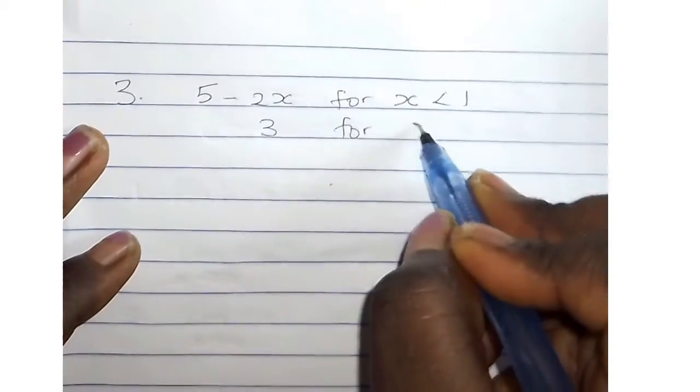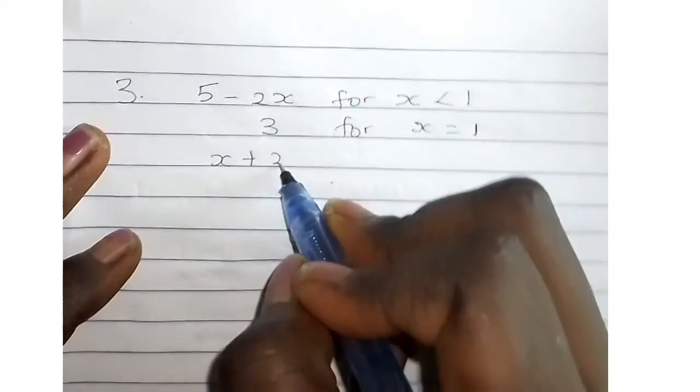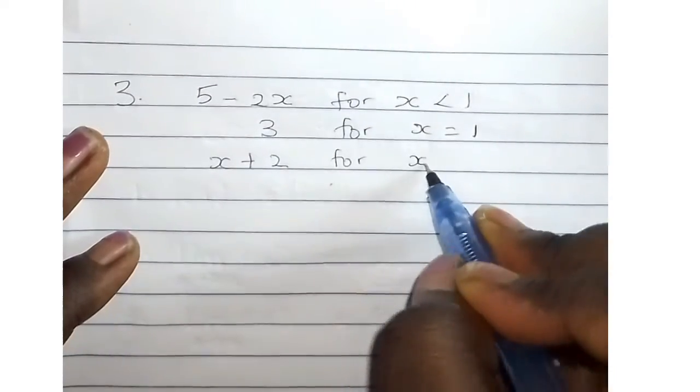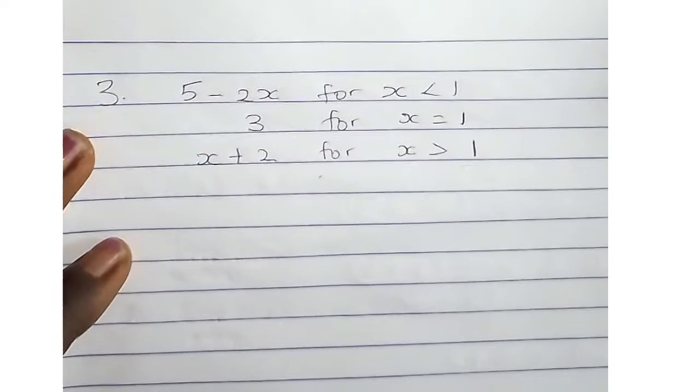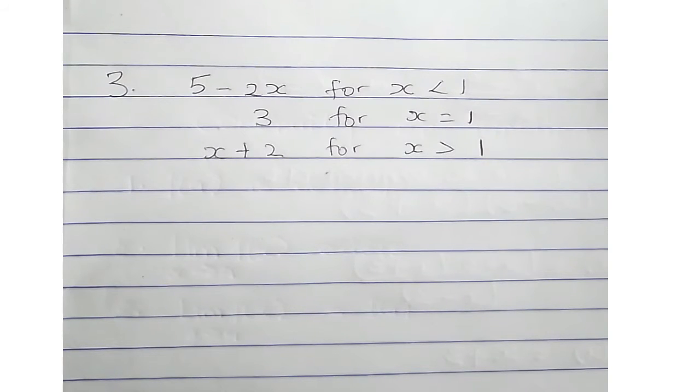For x equal to 1, we have 3, and x plus 2 for x greater than 1. Since x is less than 1 and x is greater than 1, the function f of x is defined by a straight line. Therefore, the function will be continuous for all x not equal to 1.